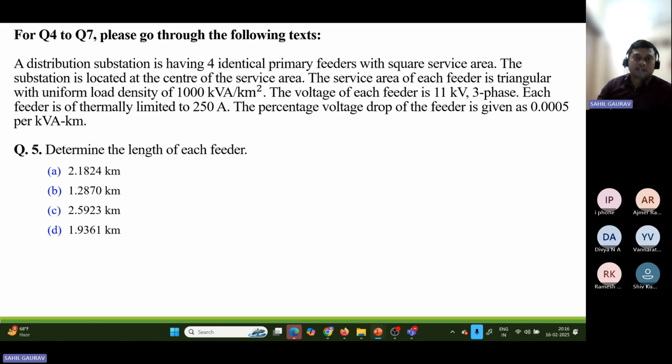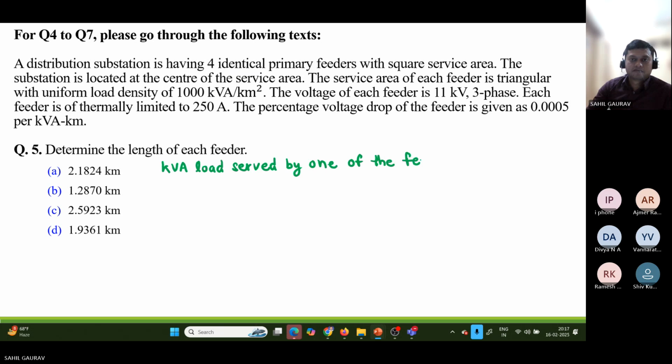We have seen the expression for the kVA load served by one of the feeders: S4 equals D into A4.